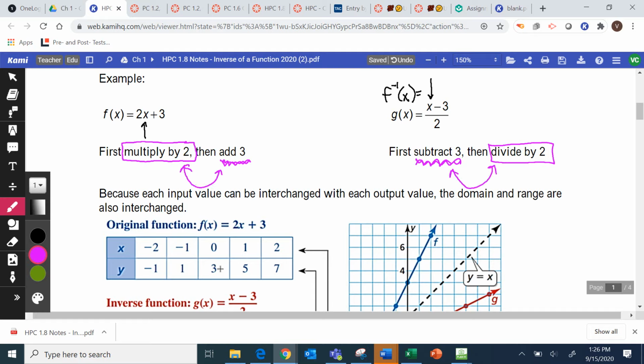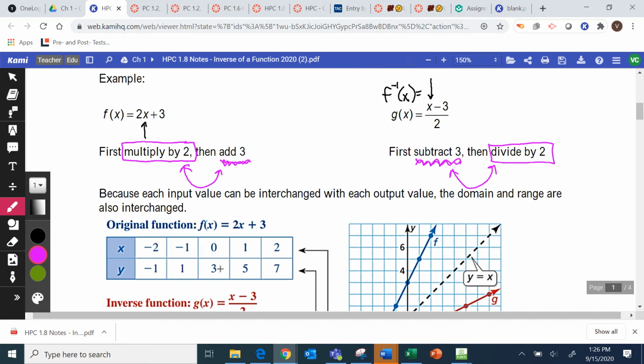They're in opposite order. This is true about all inverses. So you could almost look at the equation and write the new equation knowing what order you would do something to the x. If I know I would multiply by 2, then add 3, I'm going to switch the order and do the opposite operations: subtract 3, divide by 2. And then write that equation.